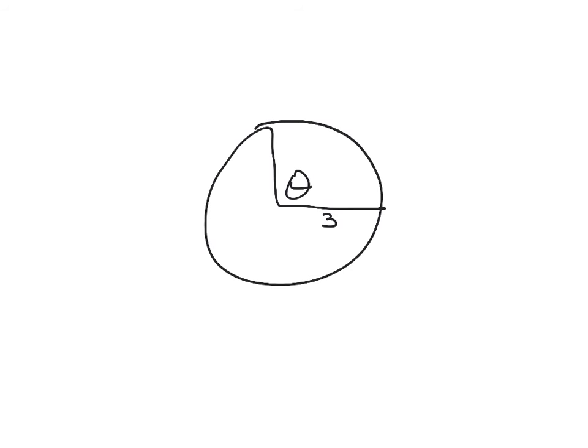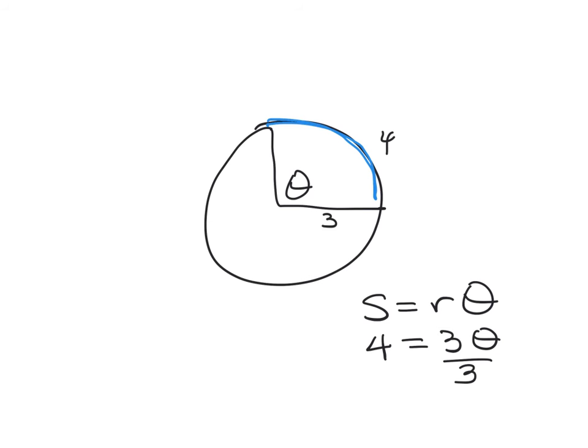They gave you the radius, and then they gave you the length of the arc. Again, they said to find theta. So again, you would just take S is equal to radius times theta. The arc length is 4, the radius is 3, divide by 3, and theta equals 4/3. And that's all you had to do in the homework.